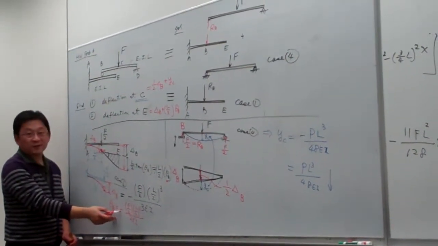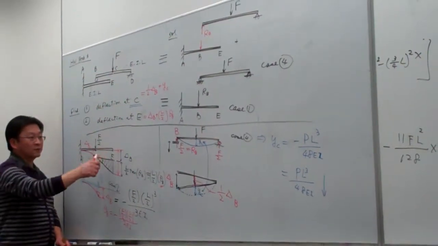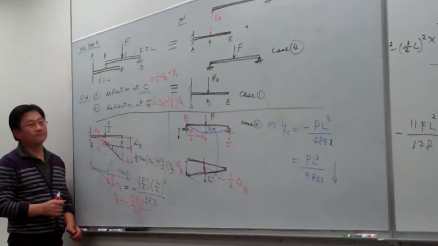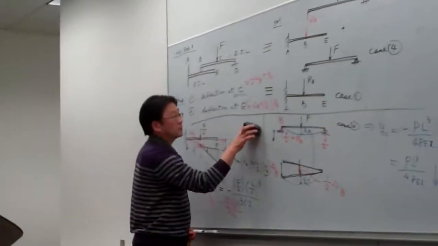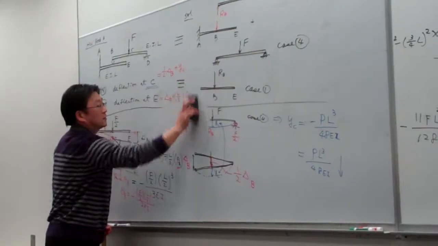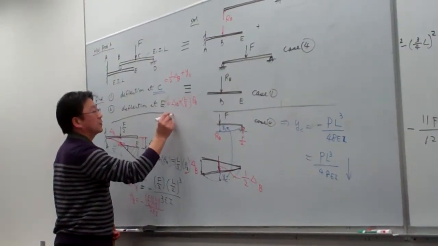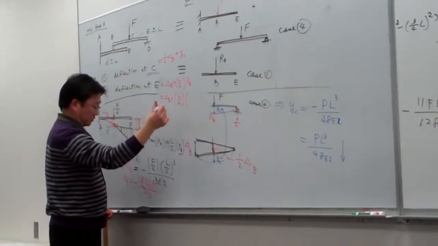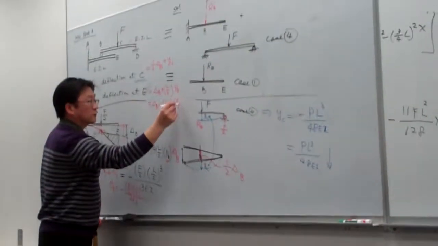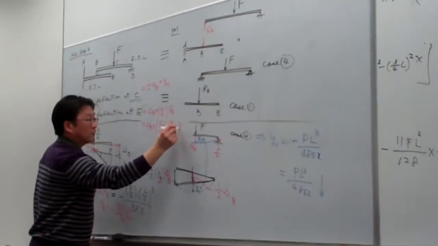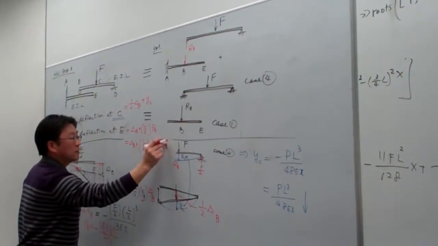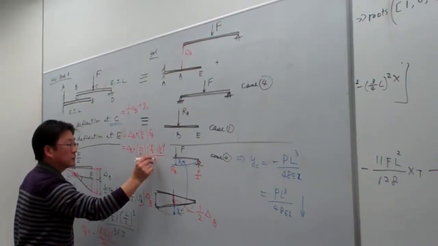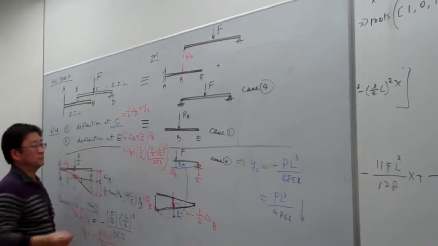Don't include any minus, because the minus means we have already taken the direction into consideration. So let me write it up here. That will be equal to delta B plus L over 2 times theta B, with theta B equal to F over 2 times L over 2 squared, like this.